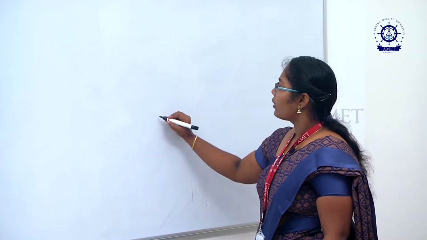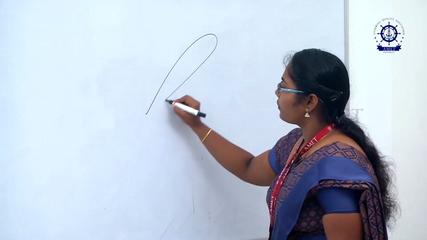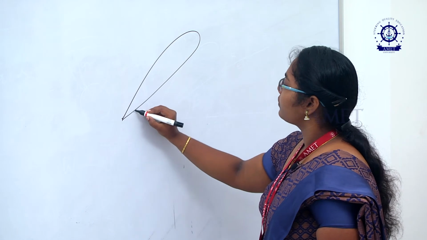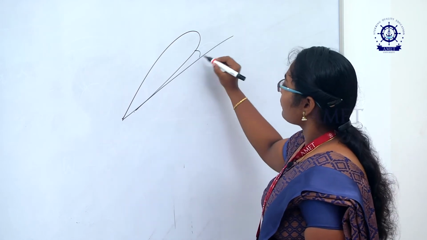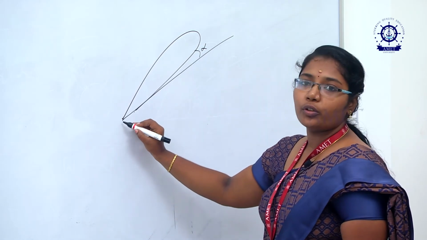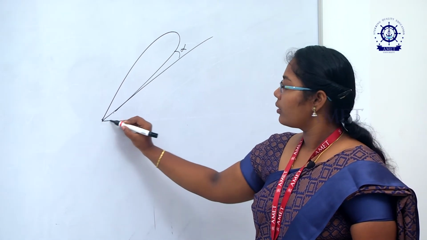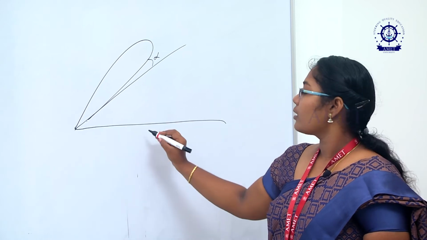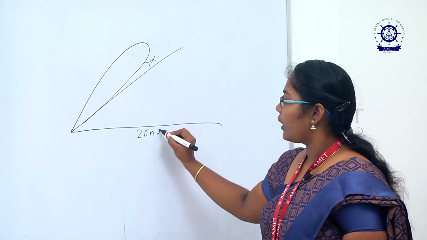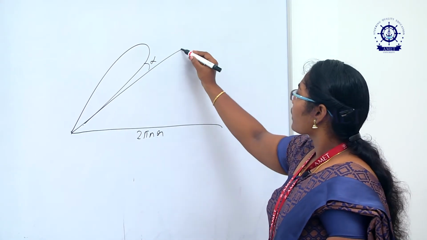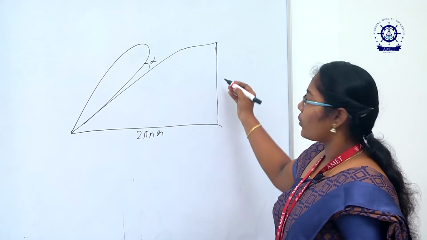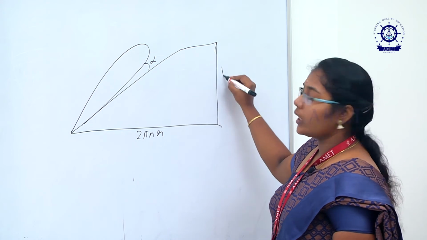We will have our foil, and there will be an angle of attack, which is alpha, and you will have your tangential velocity, which we previously said is 2 pi NR. Here we will have your axial velocity, which is VA.